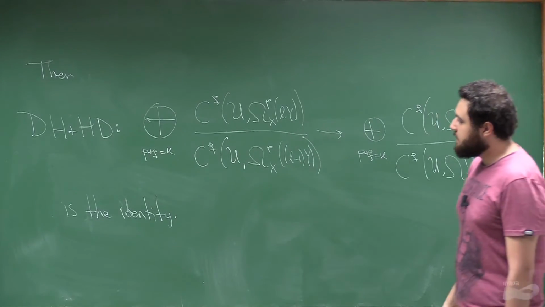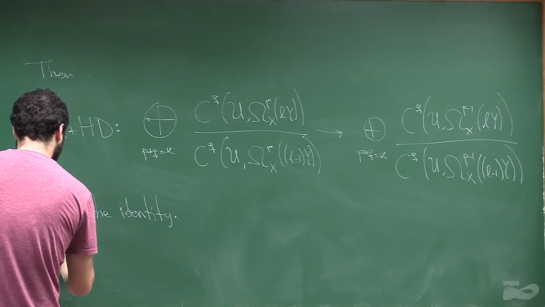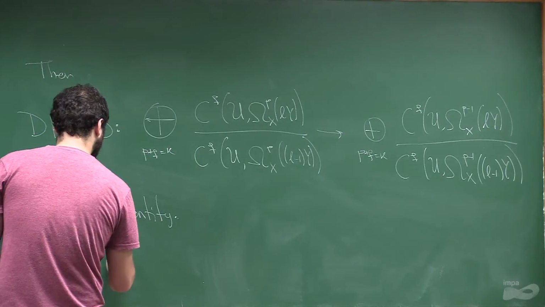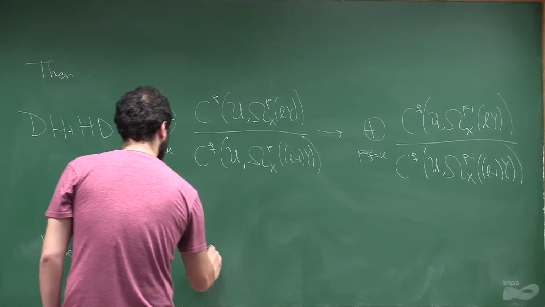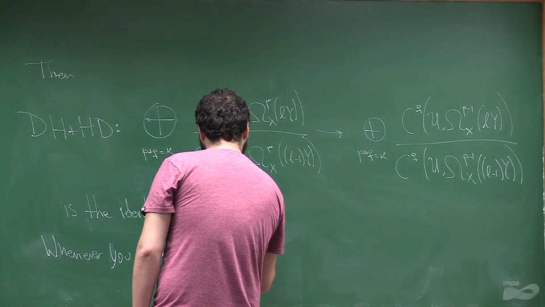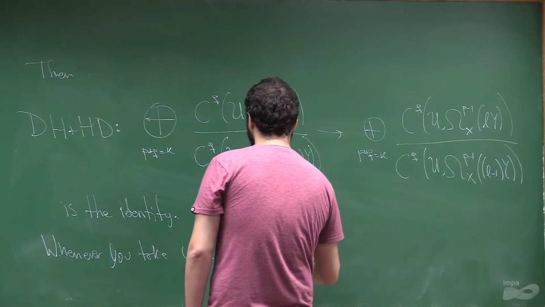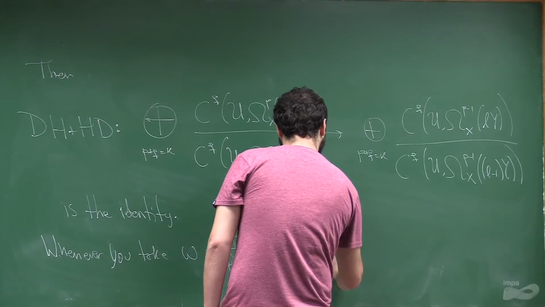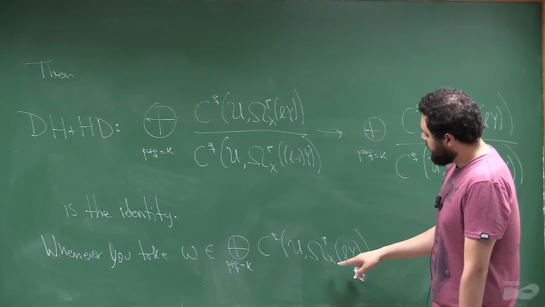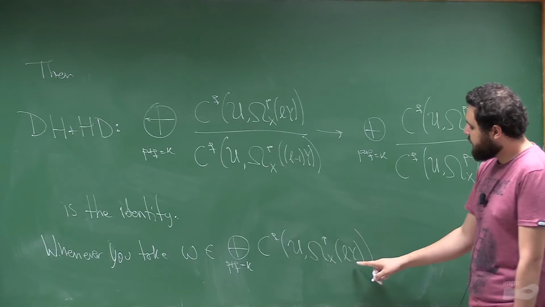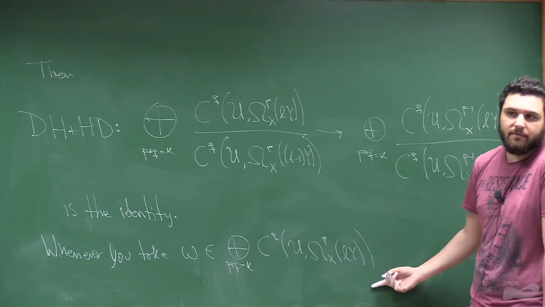And so what we're saying is that whenever you take an element of the hypercohomology associated to the complex of algebraic forms with poles of arbitrary order along Y, there will exist some L such that it is inside here, obviously.